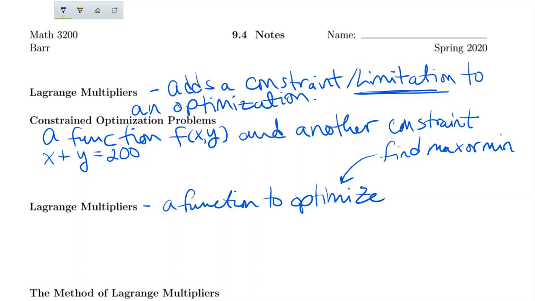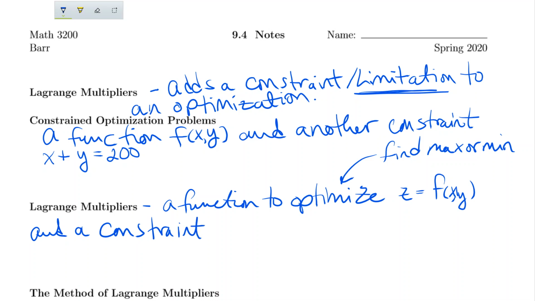So you're going to be using the D-test again today. We're going to call that z equals f of x, y. So it's in terms of x and y. And a constraint g of x, y equals 0. And it's very important that we've rearranged this to equal 0.